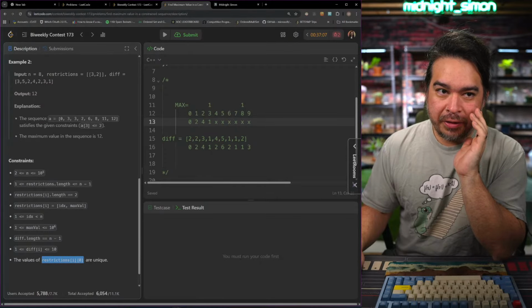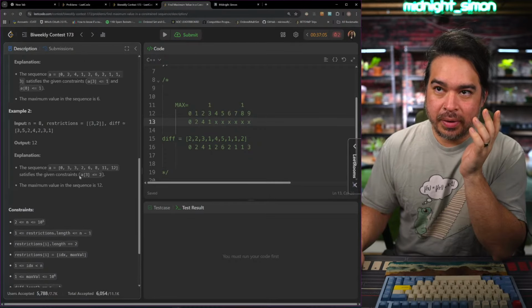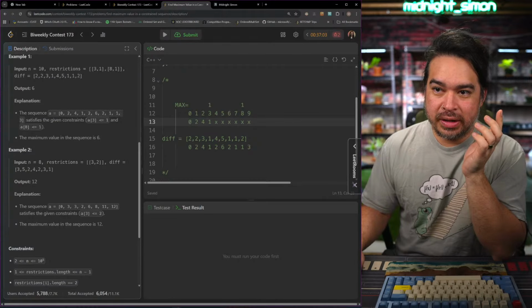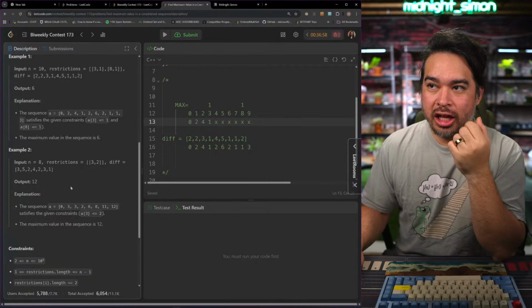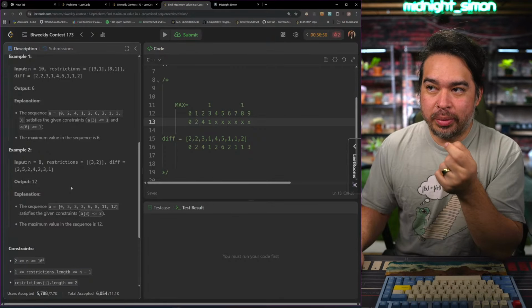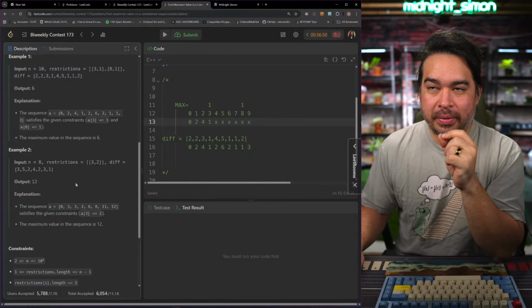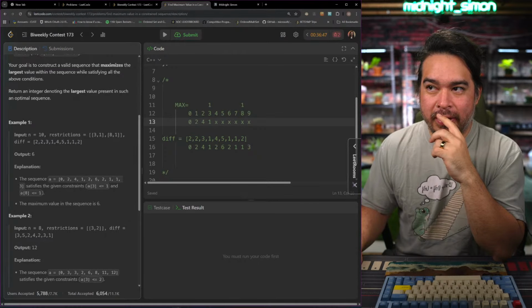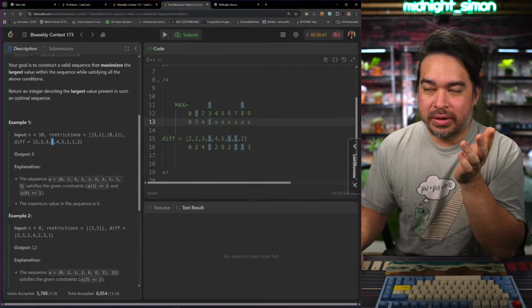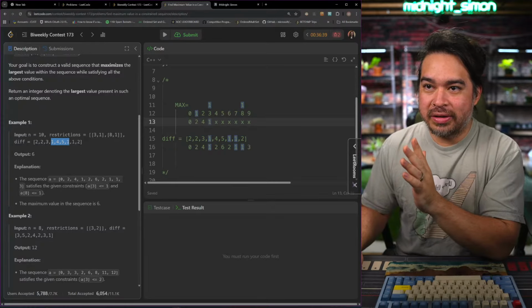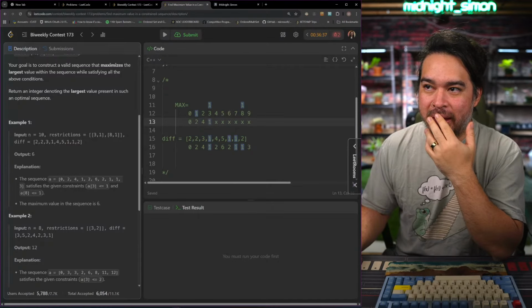It's like, alright, if there were no restrictions, we'd want to just hit the maximum diffs every single time, right? But with the restrictions, maybe we have to think about starting from the restriction nodes, just max everything until you hit the next restriction. That's what I'm thinking.